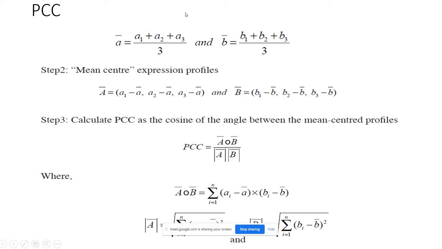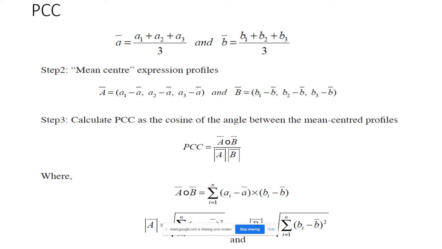This is obtained by adding up all the values, A1 plus A2 plus A3, and dividing by 3. So this is the mean, the average value, which is important, and we denote it using A bar.